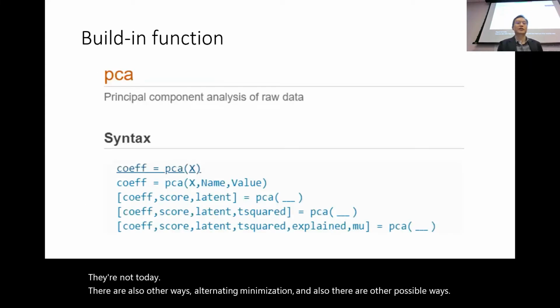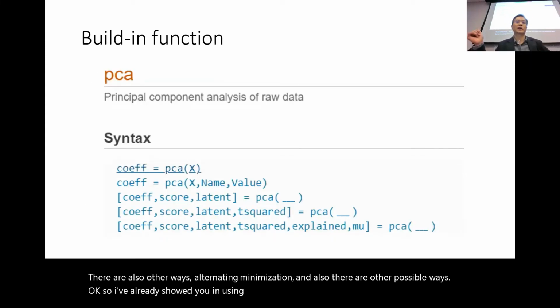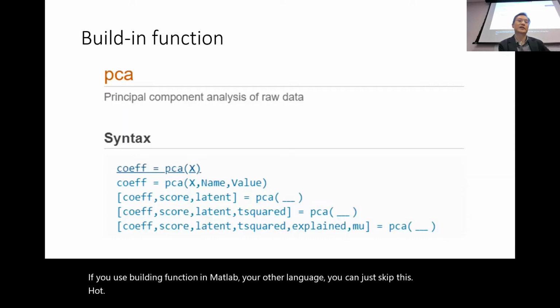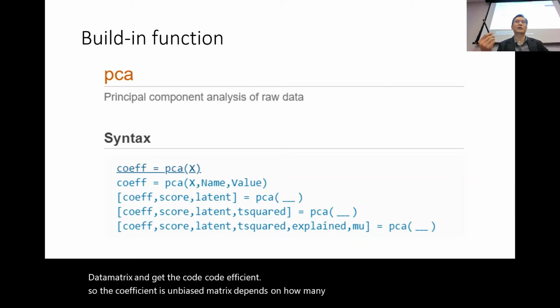Okay, so I've already showed you, using the example, if you use the built-in function in MATLAB or in other languages, you can just give this data matrix and get the coefficients. The coefficient is an n by n matrix, depending on how many features are in your original X input data.